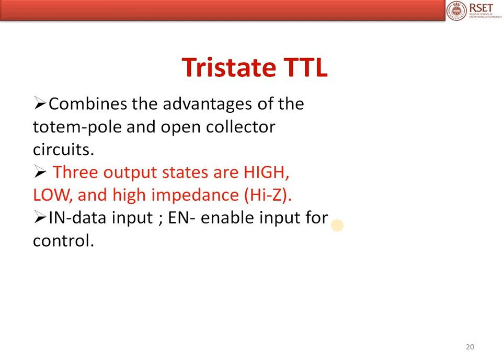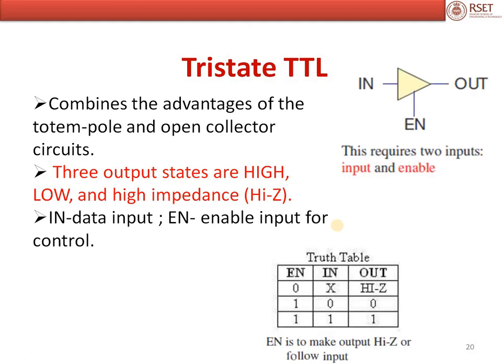The next one is tri-state TTL. Here it combines the advantages of totem pole and open collector circuits. It has 3 states. It includes high, low and high impedance. And here it consists of input, output and an enable pin.